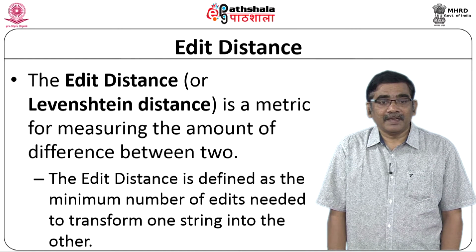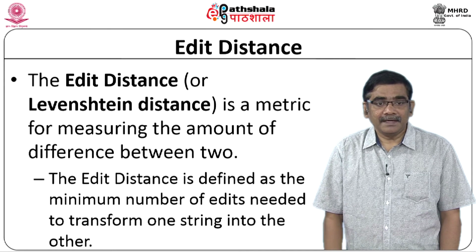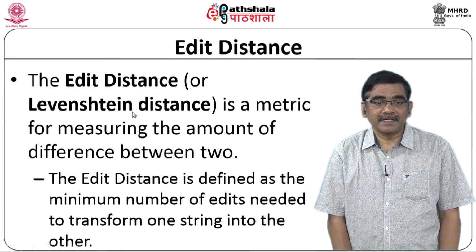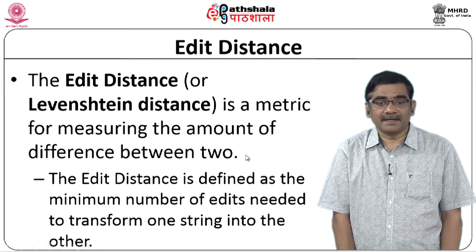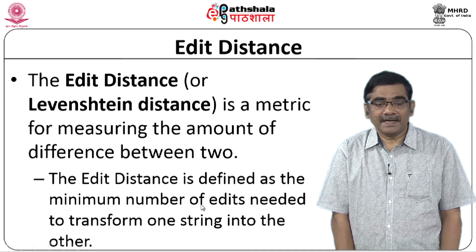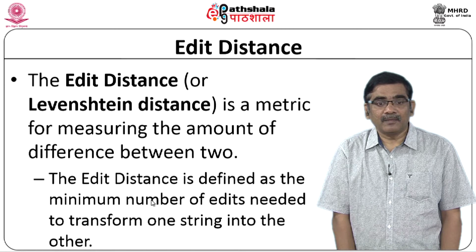First we will define what the ADT distance is, then we will see how to solve that using the dynamic programming approach. The ADT distance or the Levenshtein distance is a metric for measuring the amount of difference between two strings. It is defined as the minimum number of edits that is necessary to transform one string to another string.